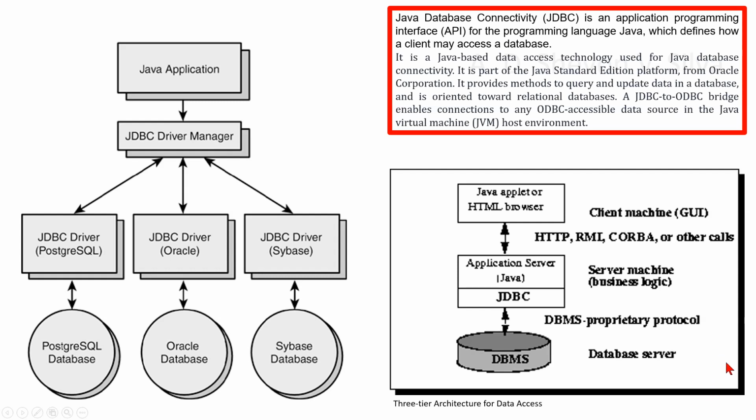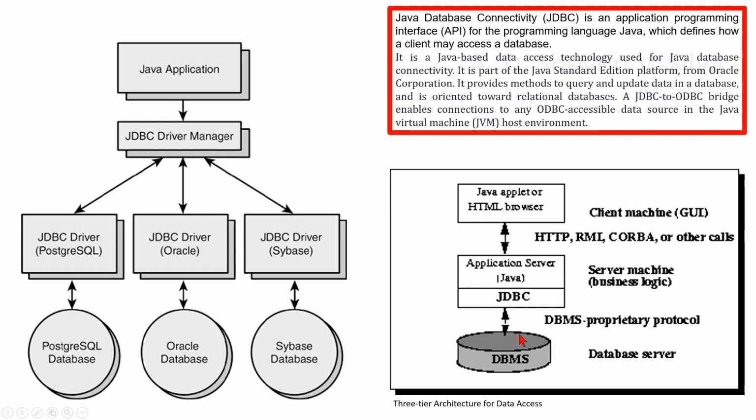In the three-tier model, commands are sent to a middle tier of services, which then sends the command to the data source.